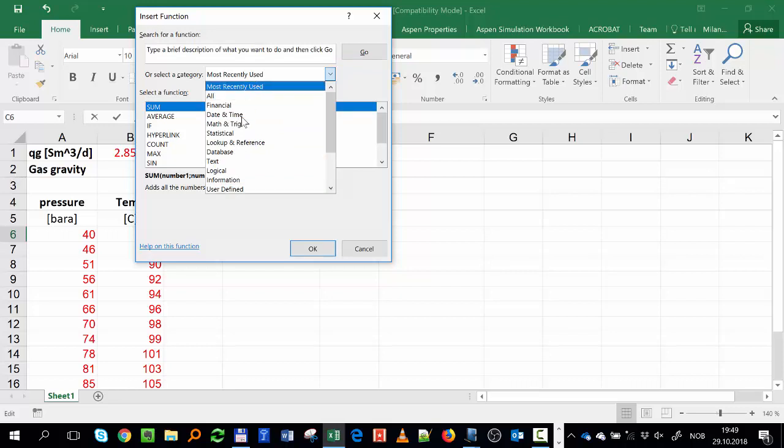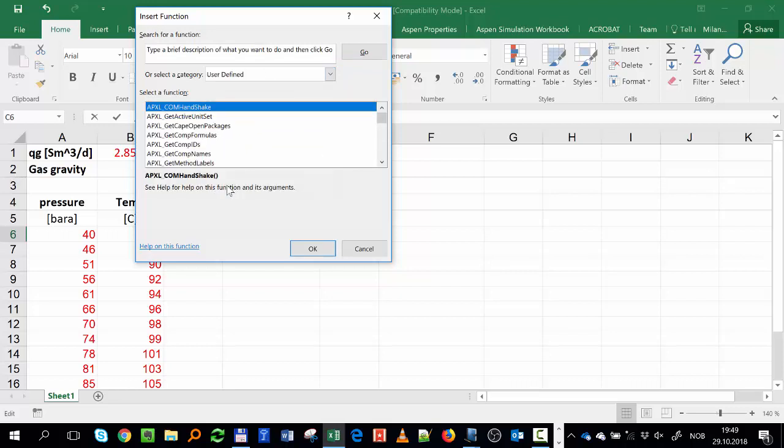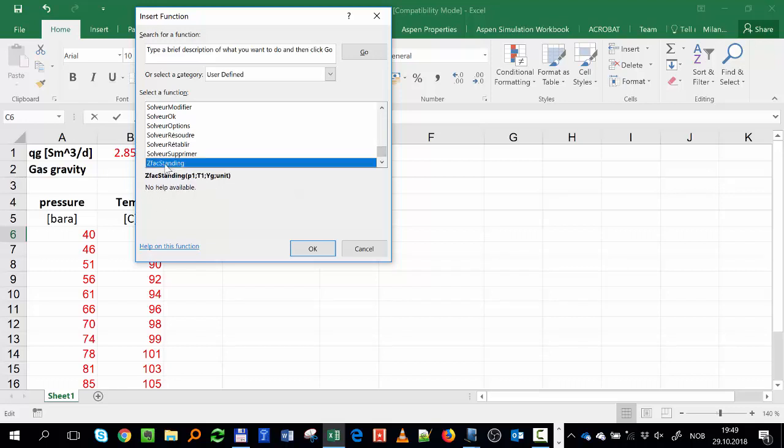On the menu here, you select user defined. And then you go down all the way where it shows SEP C factor standing. Is it working for all of you?